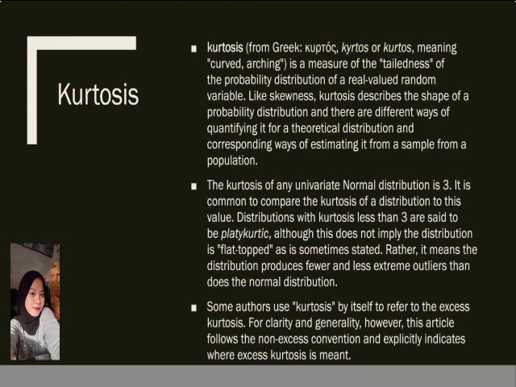The kurtosis of any univariate normal distribution is 3. It is common to compare the kurtosis of a distribution to this value. Distributions with kurtosis less than 3 are said to be platykurtic, although this does not imply the distribution is flat-topped, as is sometimes stated.